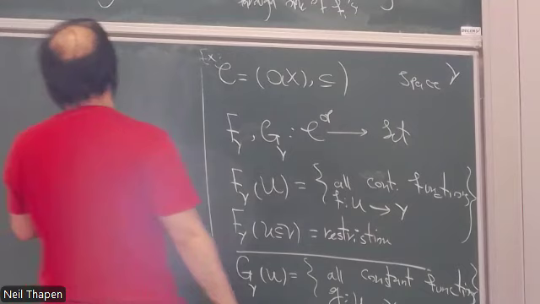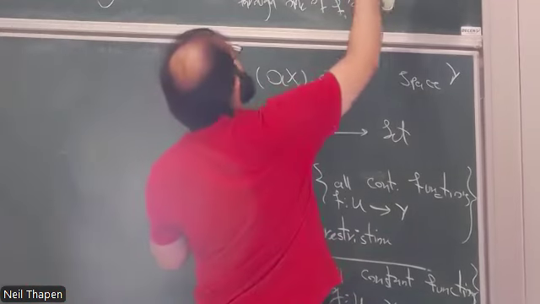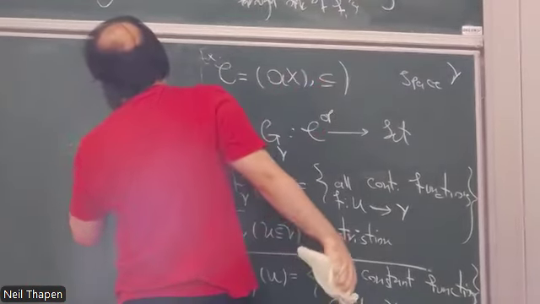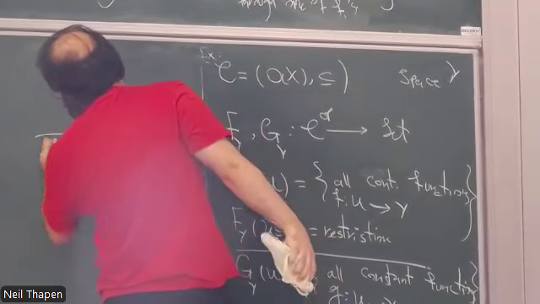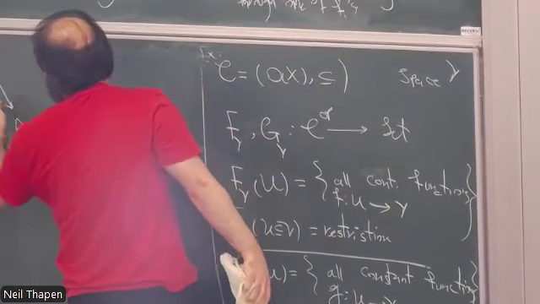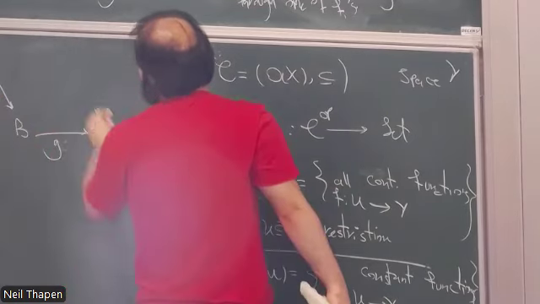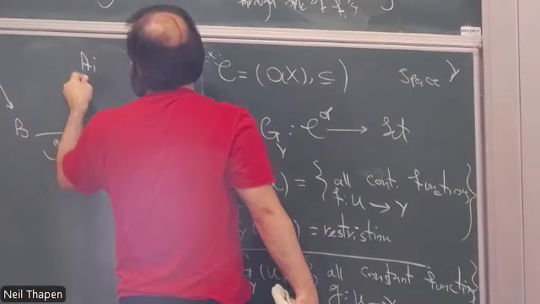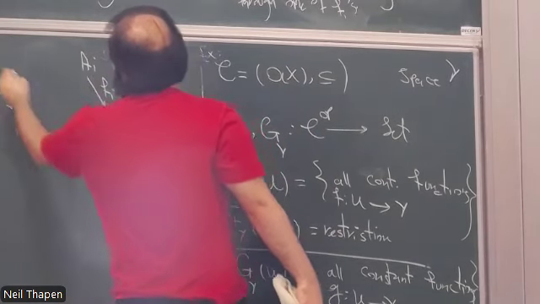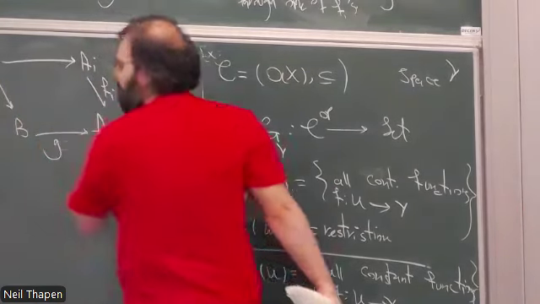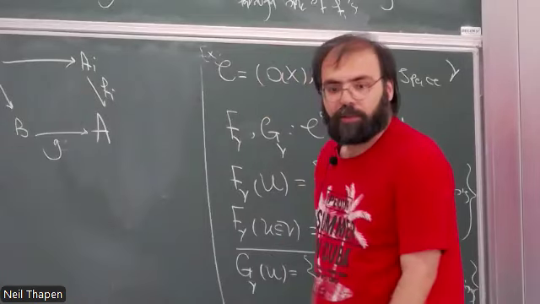Meaning what? So just specify one of the things. Maybe I have A, I have B, I have one of the B_j's, G_j. What I'm saying is that there is some A_i, F_i, and a map here so that this commutes, right? You can factor it.